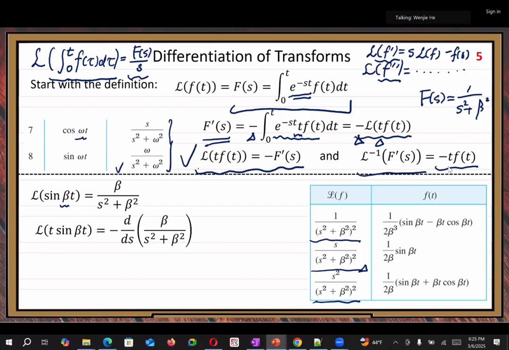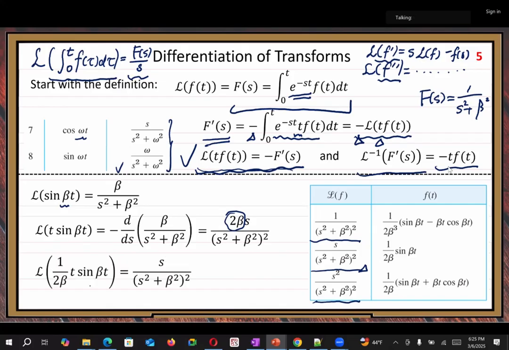Here we use this version: t times the derivative, that 2 beta constant times s over that. Very close. Then we divide both sides by 2 beta. Now you have this formula.